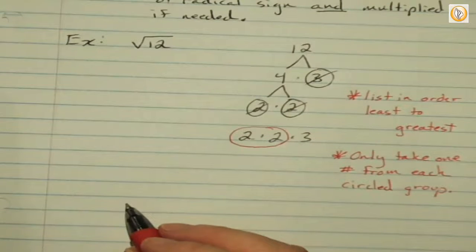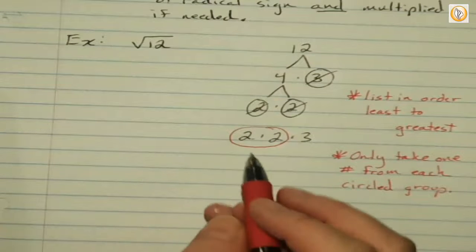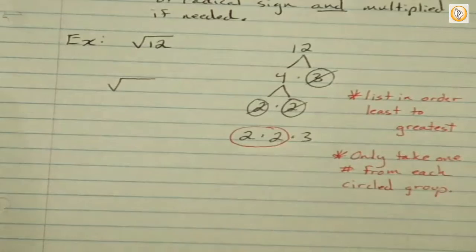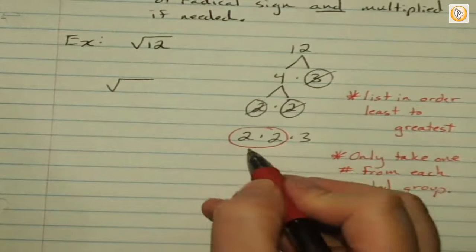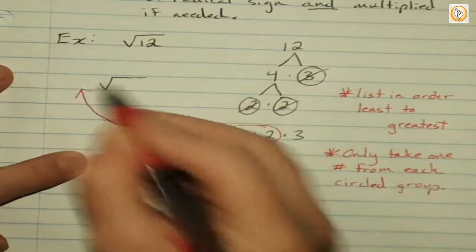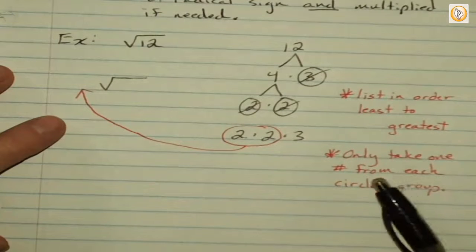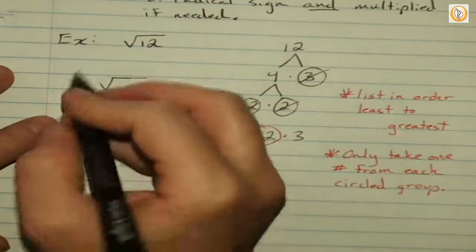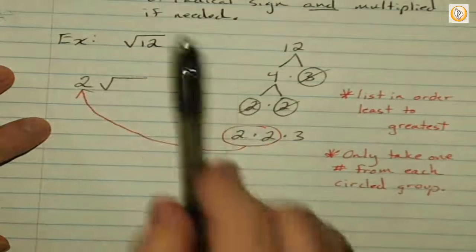Okay. All right. So step 3, circled groups go on the outside. So I'm going to put my radical sign. The circled group, and it says only take one number from each circled group. So I'd only take 1, 2, put it on the outside.